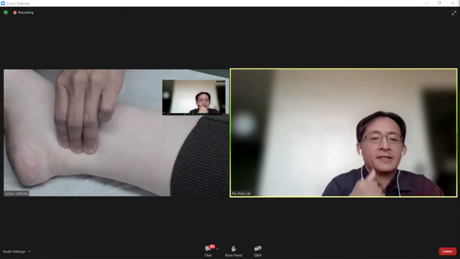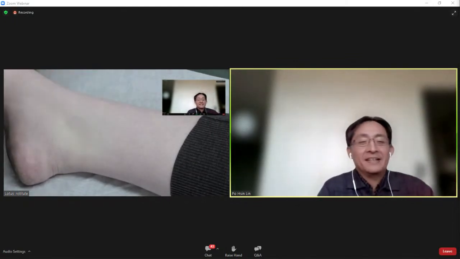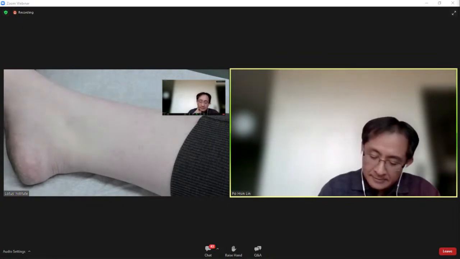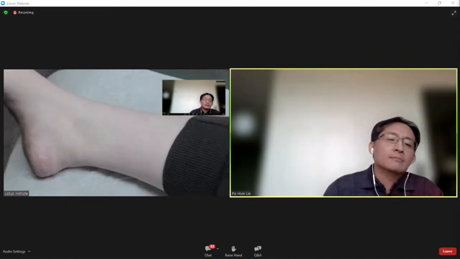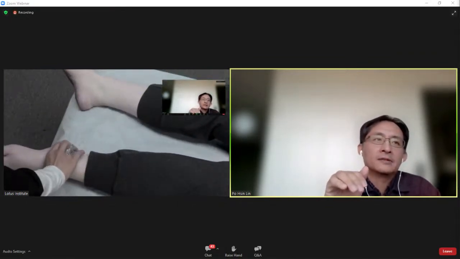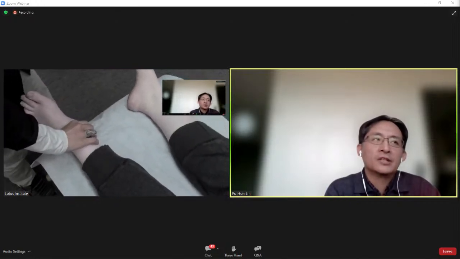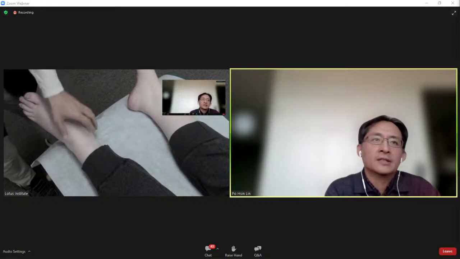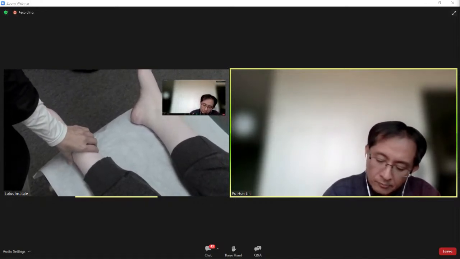Okay, good. Makes sense. And how about the left side? Most of the time, 太溪穴 is located in the deeper part. So maybe you check it more gently, slowly, and precisely. Gently first.